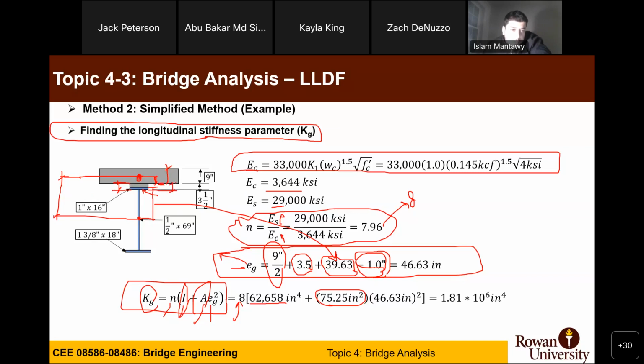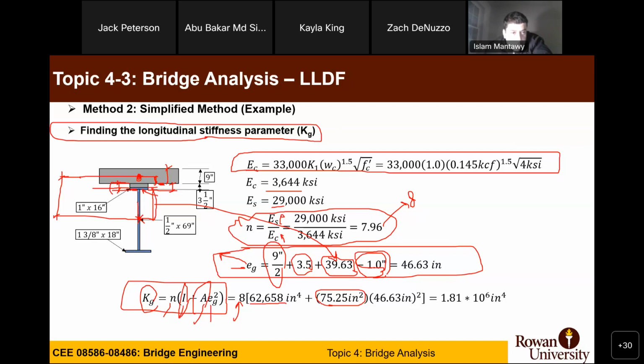And the 39.63 is from the centroid of the steel girder to the top of the top flange. We already counted this distance twice, so the flange is counted twice.